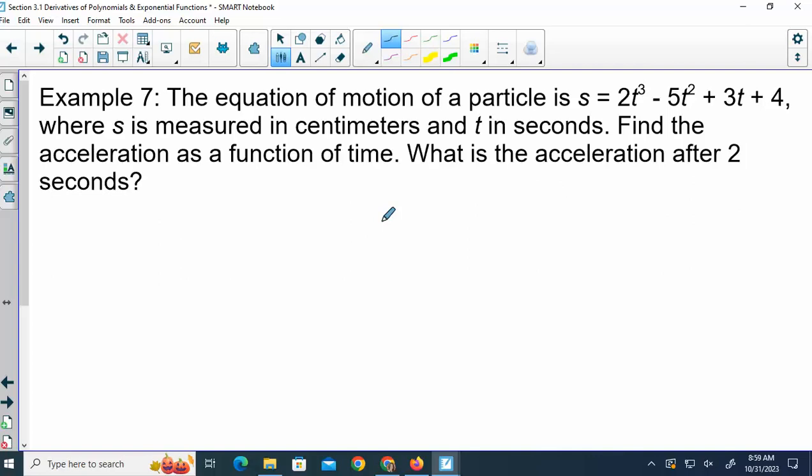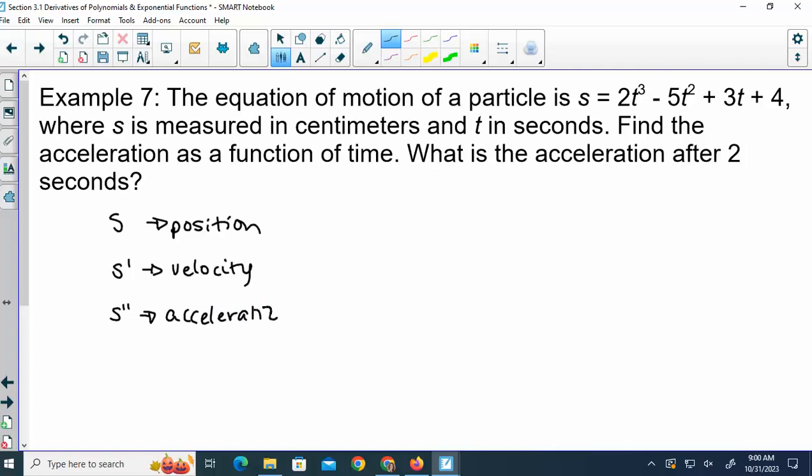We have the equation, that's your position. First derivative is velocity. Second derivative is acceleration. So let's find the first derivative.